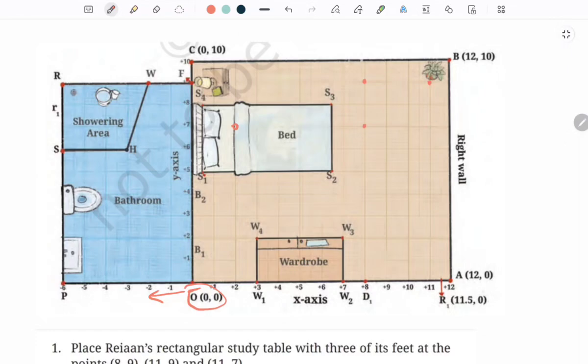This is 11, 9, this is 11, 7, so the table is going to be here.